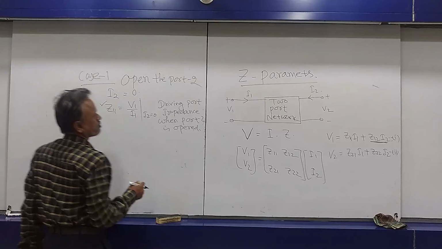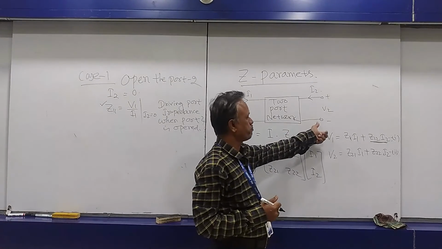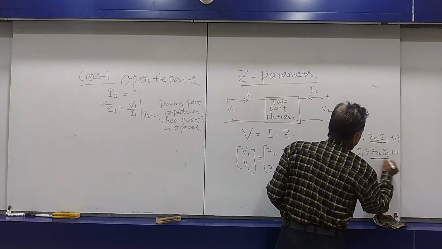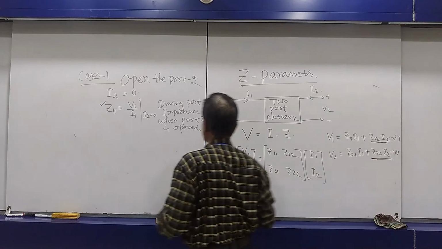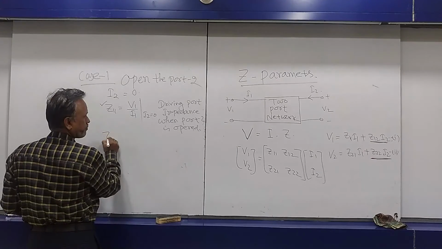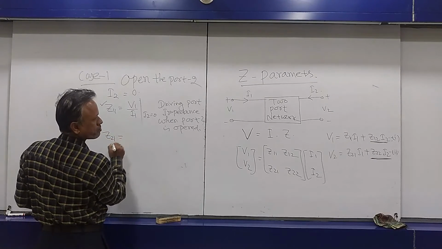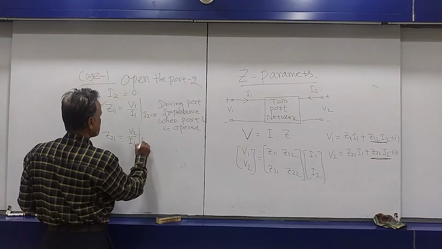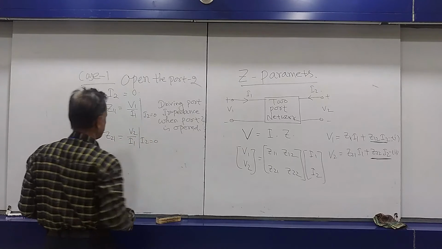Similarly, by opening the same port, port 2, from the second expression, I2 will be 0. Once again, we are getting Z21 equal to V2 by I1 when I2 is equal to 0.